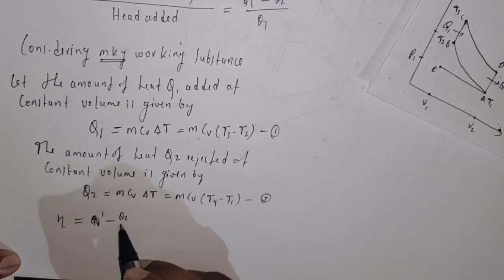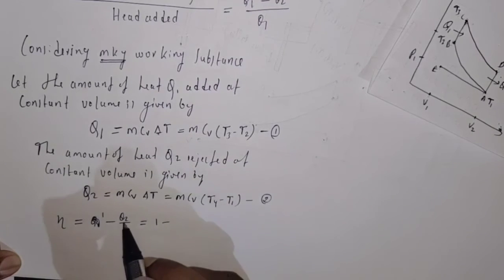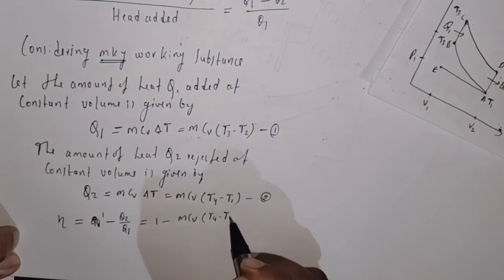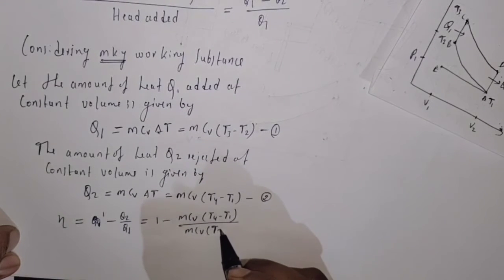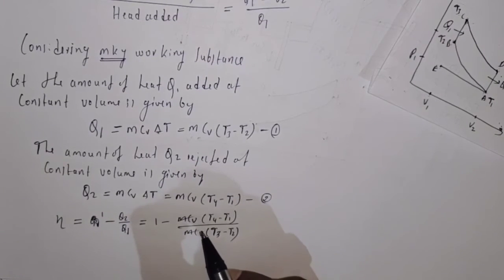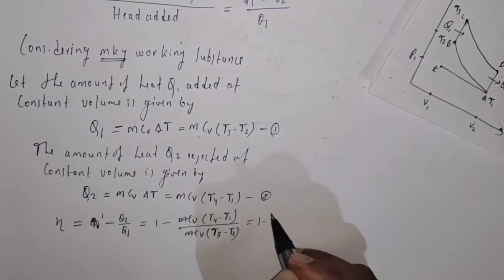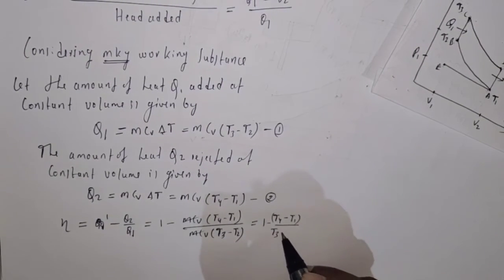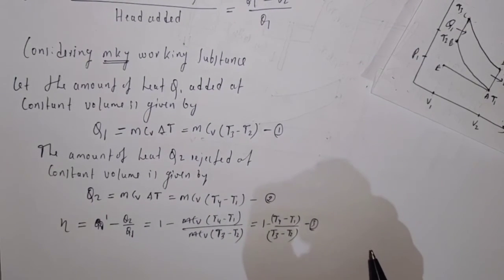Substituting the Q2 value, m Cv (T4 minus T1) divided by m Cv (T3 minus T2), here m Cv cancel each other, and we get 1 minus (T4 minus T1) divided by (T3 minus T2). Let us denote this equation by 3.